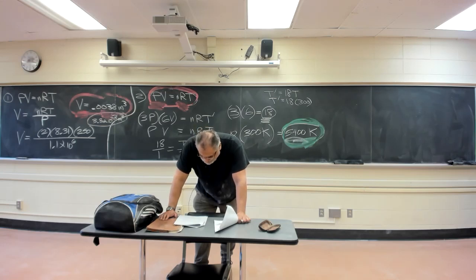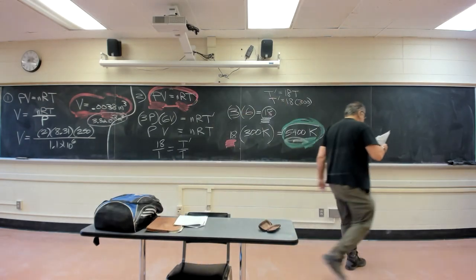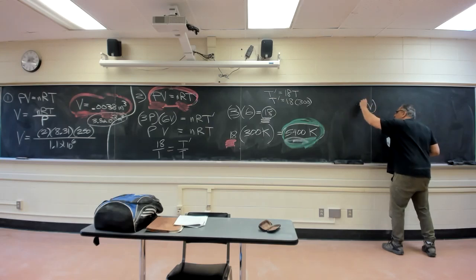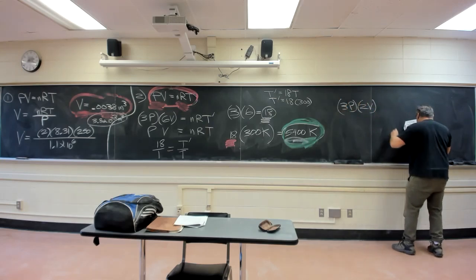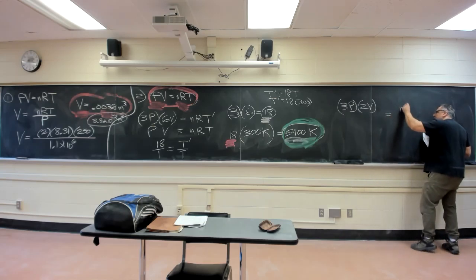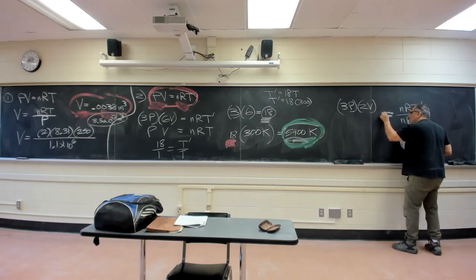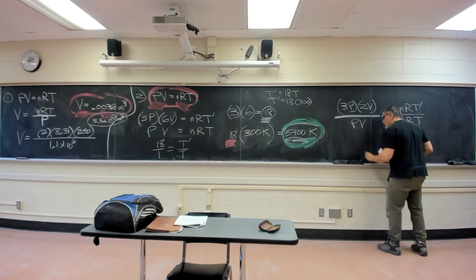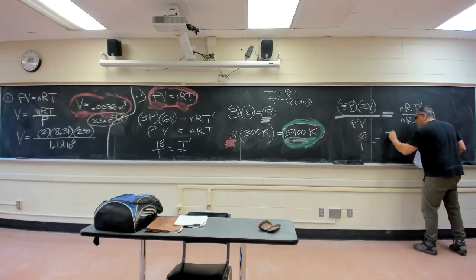If I had changed that and said that the volume just doubled, it was not made 6 times as much, but it was made double as much, then it would be 2V times 3P equals nR, the T prime business again, nR, the T right here, and everything cancels except for this.